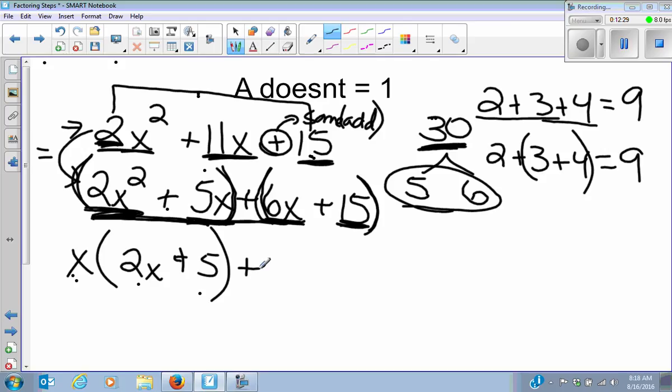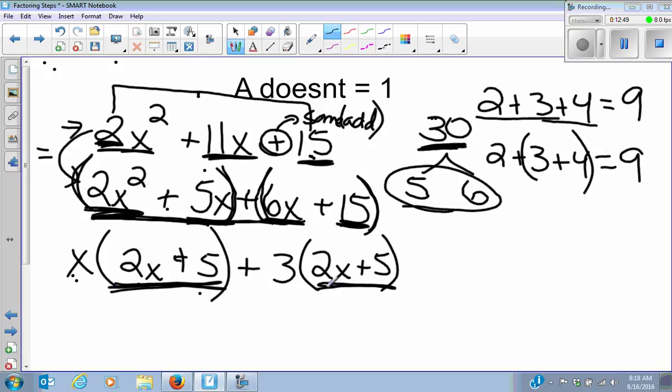Plus, what do these guys have in common? 3. Here's where you should see some magic happening. 2x plus 5. How in the world does that happen? You have a 2x plus 5 here and a 2x plus 5 there.